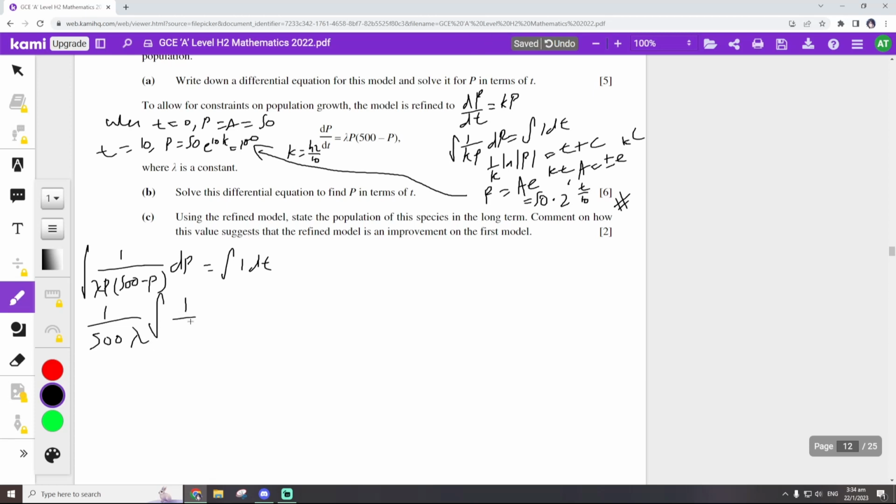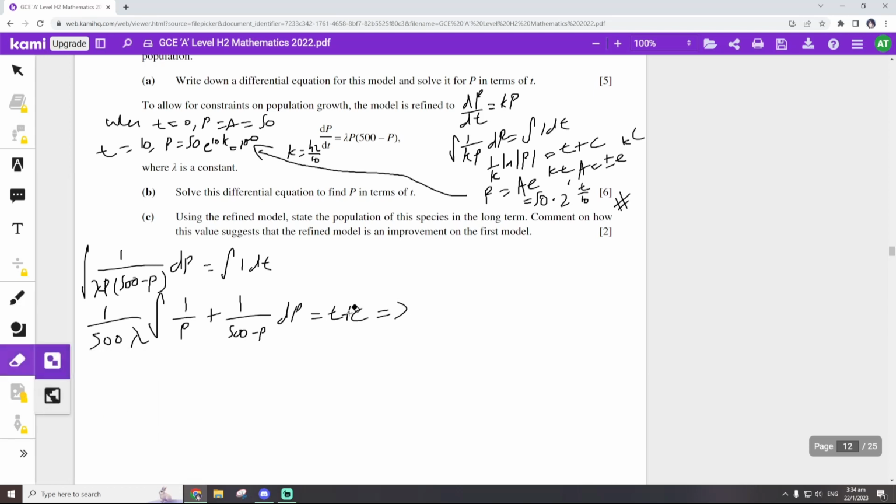Integrate 1 over p plus 1 over 500 minus p dp equals t plus c, which implies, and here's a fun thing to do, I'm actually going to rewrite this as minus 1 over p minus 500, and multiply both sides by 500 lambda.